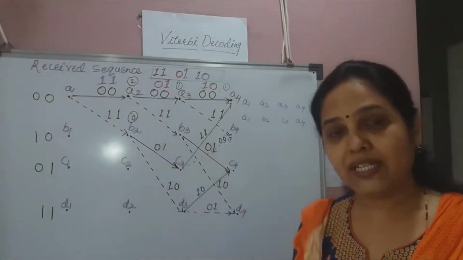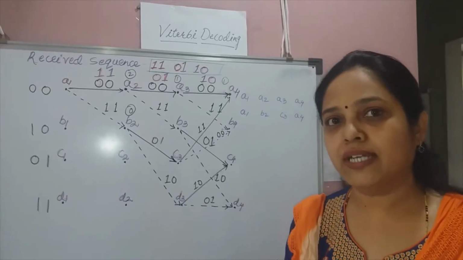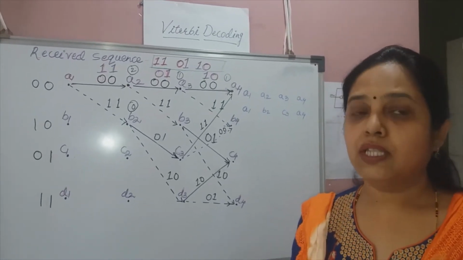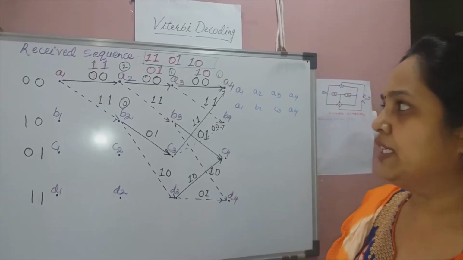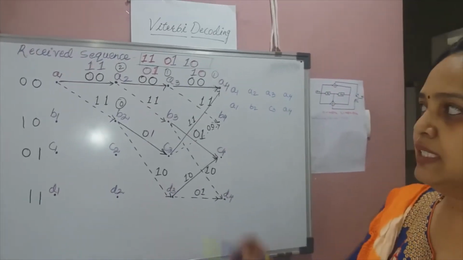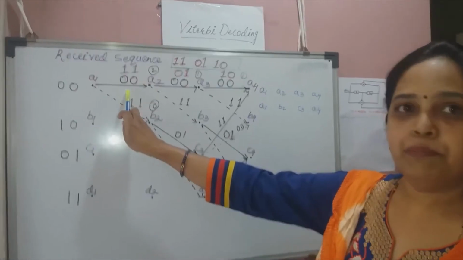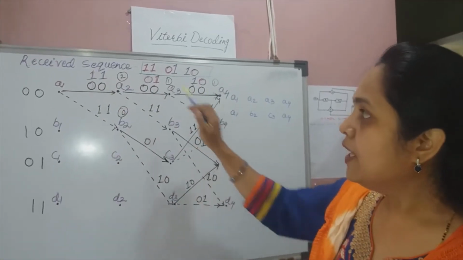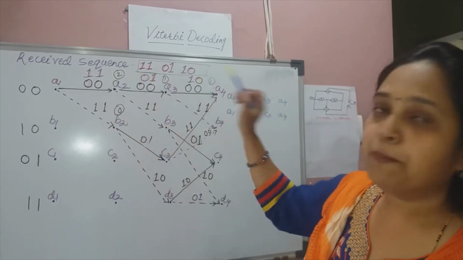Now there is one concept we must know here, called the weight of the path or metric of the path. How to find it out? It is very simple: we compare the standard output written on the arrows on that path with the received sequence bits.